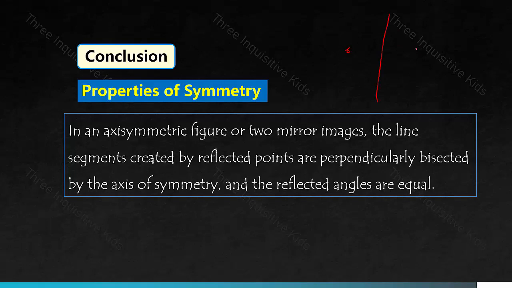This is one reflected point, and this is one reflected point. The line segment created by them when you connect them together is always perpendicular to the axis of symmetry. And this part is equal to this part because they have to be symmetric. So that's what it means by perpendicularly bisected. And the angles are equal on both sides.